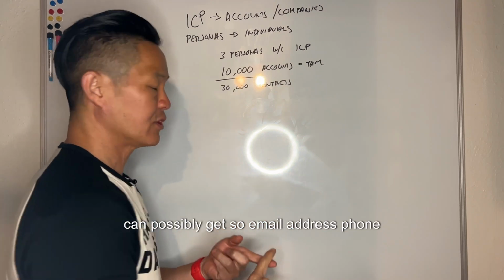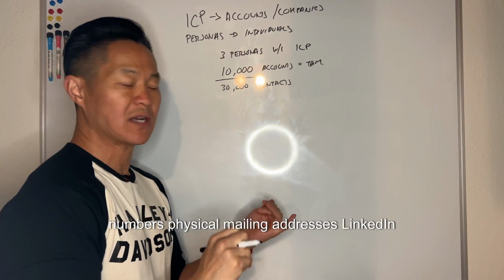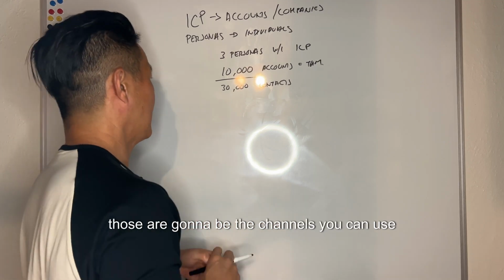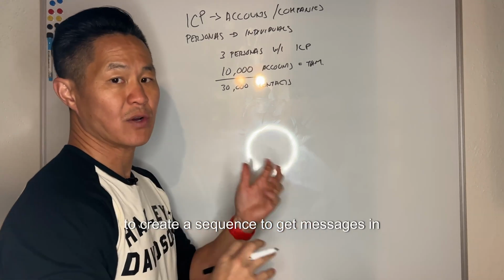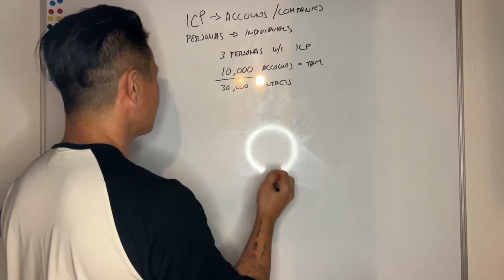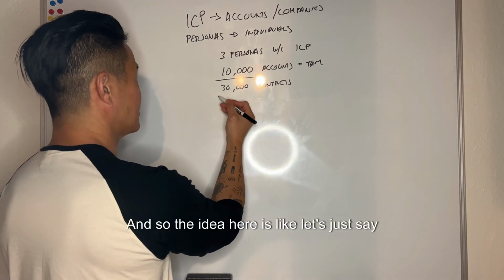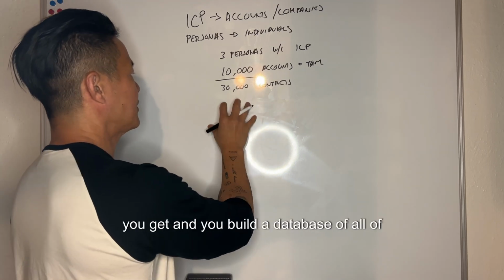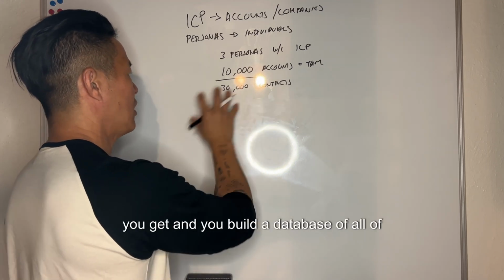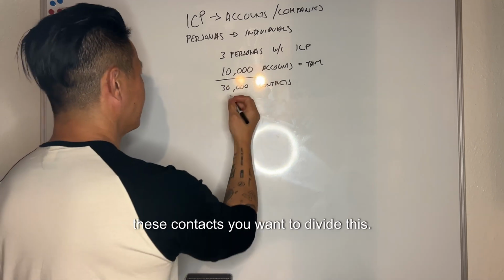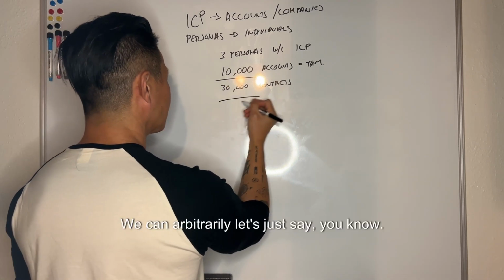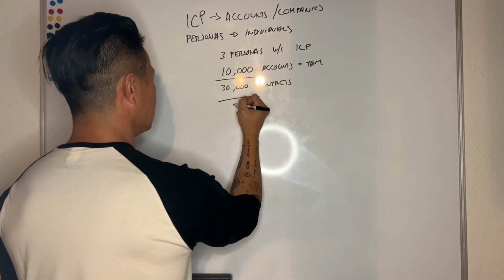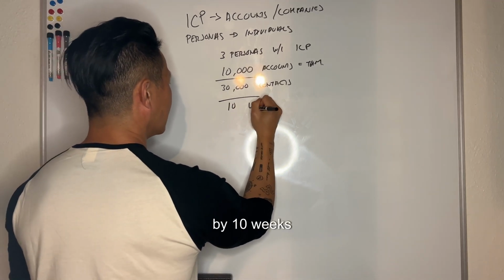So email addresses, phone numbers, physical mailing addresses, LinkedIn URLs, other social media URLs, for example. Those are going to be the channels that you can use to create a sequence to get messages in front of them. And so the idea here is, let's just say the number's 30,000. After you build a database of all of these contacts, you want to divide this, we can arbitrarily say, by 10 weeks.